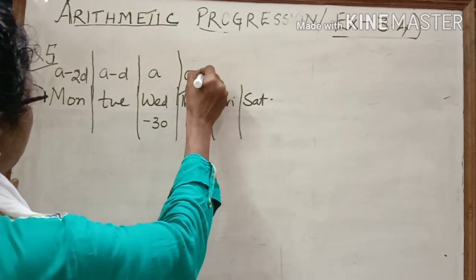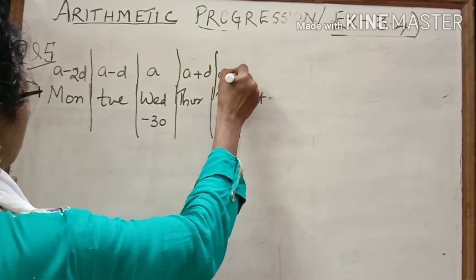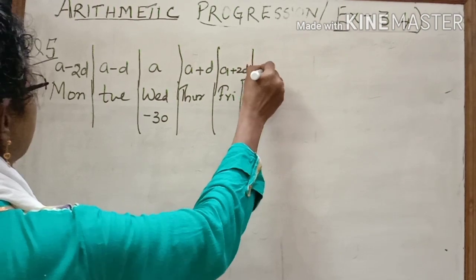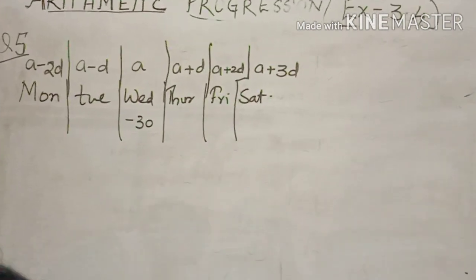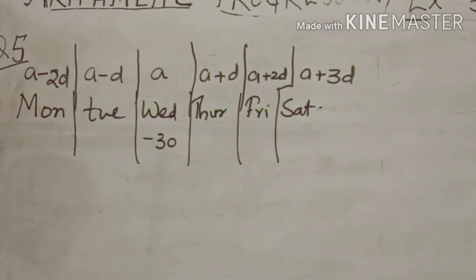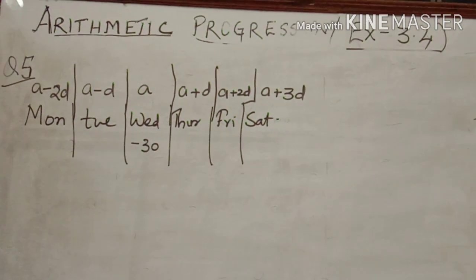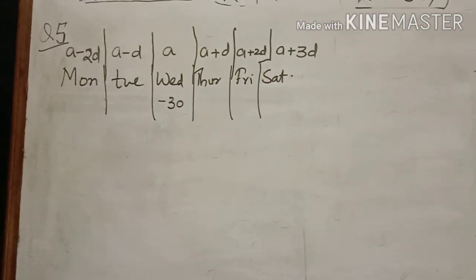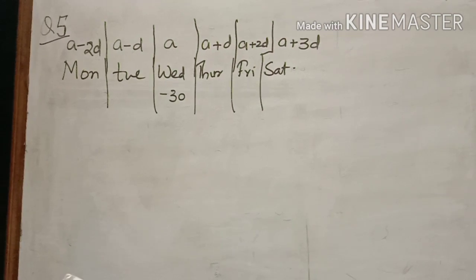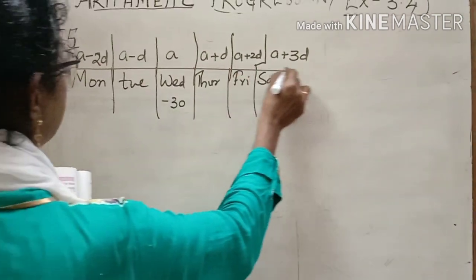Here it will be a plus d, a plus 2d, and this is a plus 3d. The sum of temperatures of Monday and Saturday was 5 degrees centigrade more than the sum of temperatures of Tuesday and Saturday.